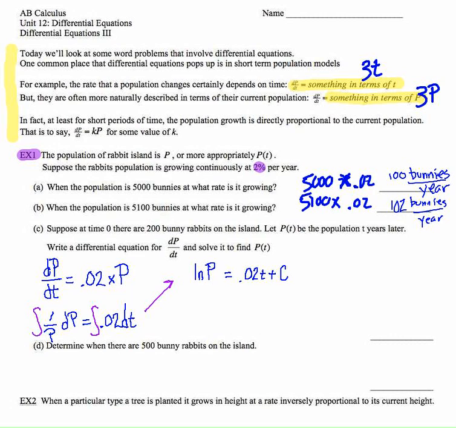Next step here is we want to get rid of the natural log. So if we think of this being an exponent and this being an exponent, on the left side we make e to the natural log of p, and on the right side we do e to the natural log of 0.02 t plus c.